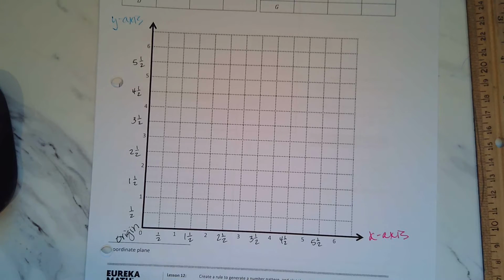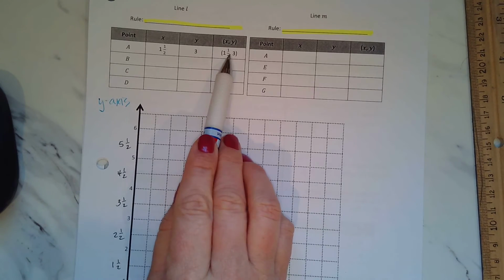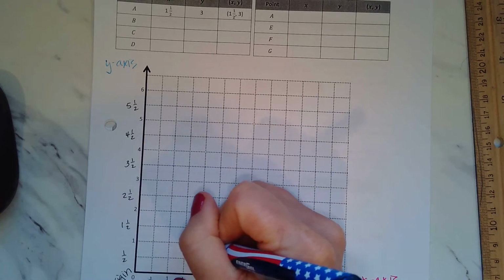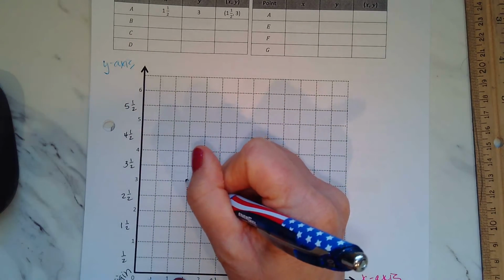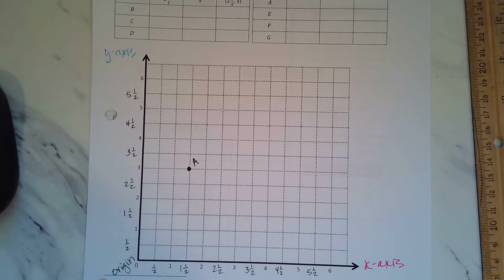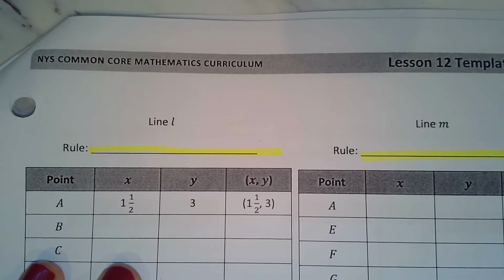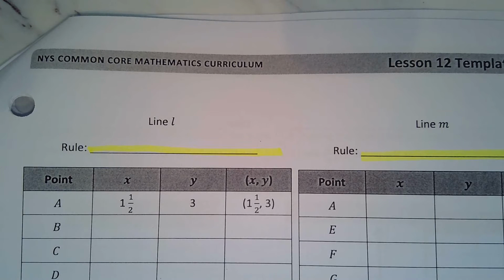All right, so to begin with, I am going to plot the point A that's right up here. I'm going to go 1.5 and 3. So 1.5 over, up 3, is point A. All right, so just looking at these two numbers, 1.5 and 3, what do you notice about the relationship between X and Y coordinates?